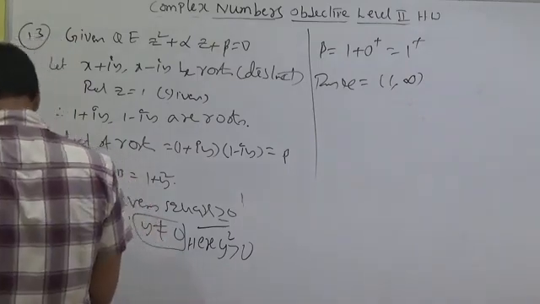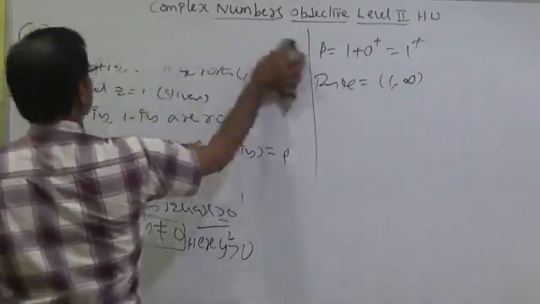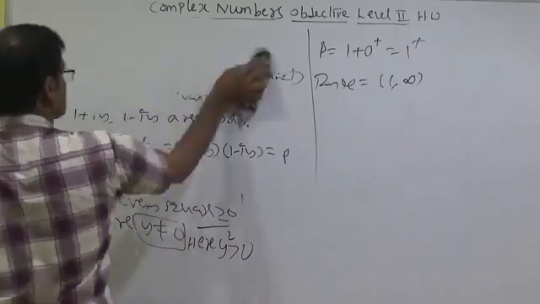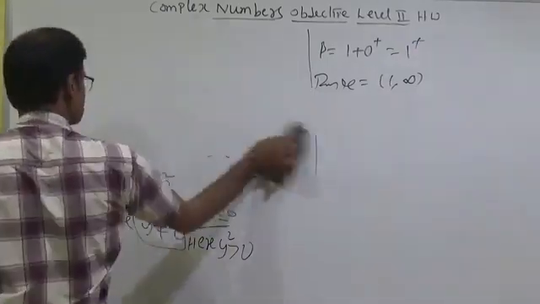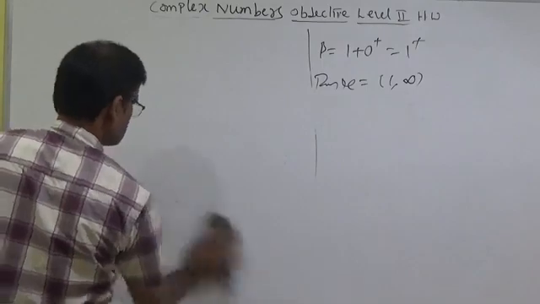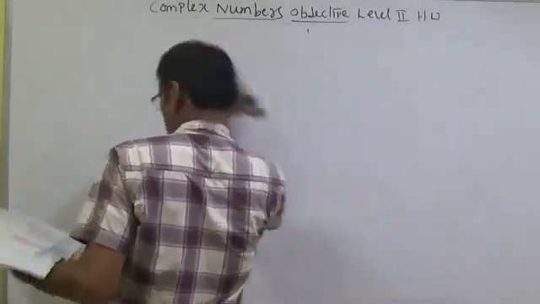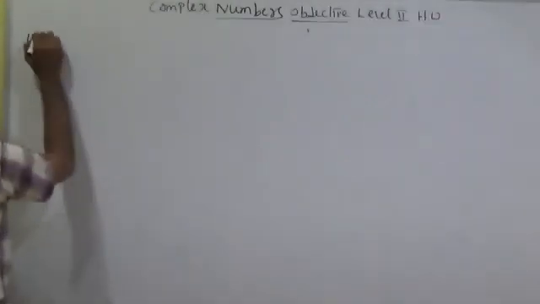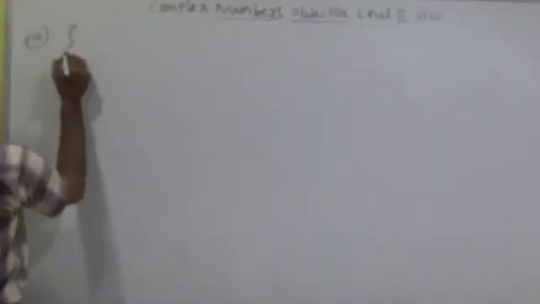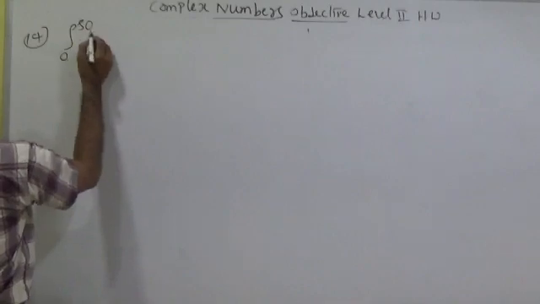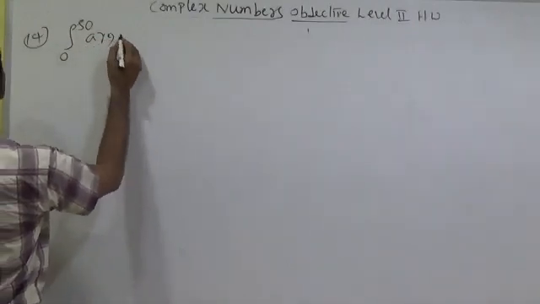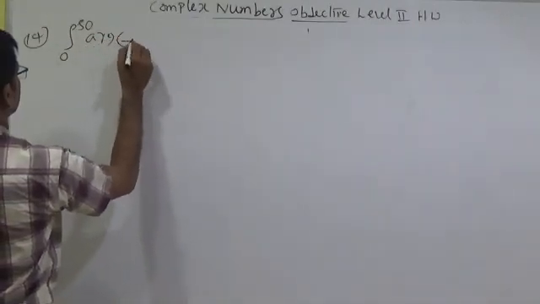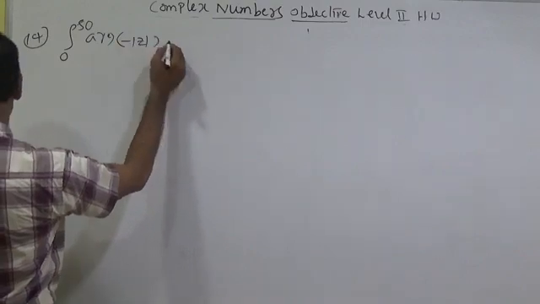Now, 14th question: integral 0 to 50 of argument of minus mod z dx.